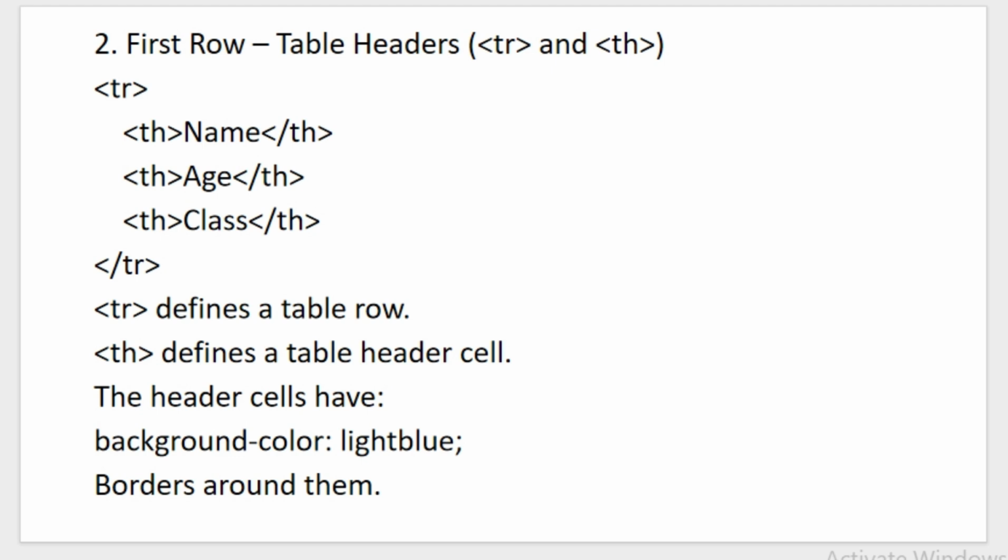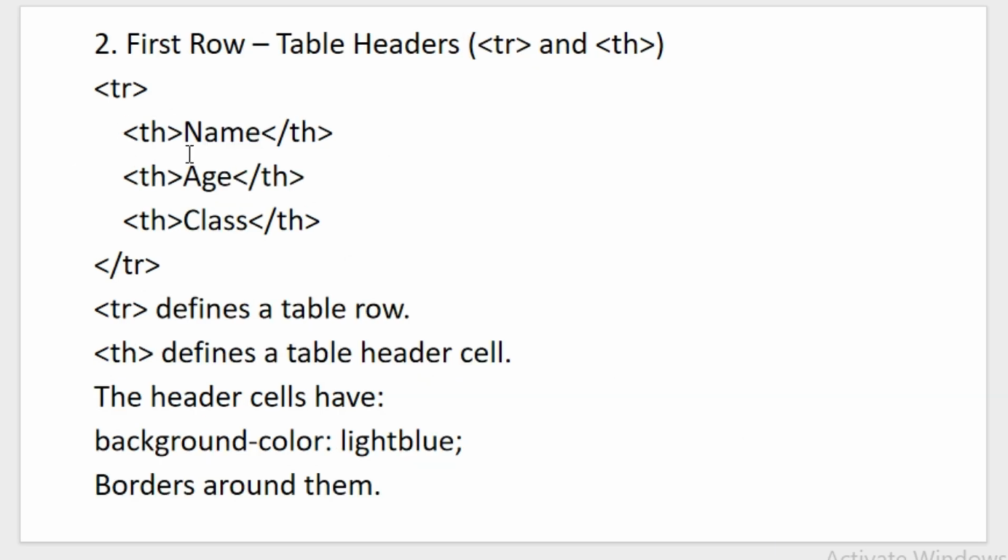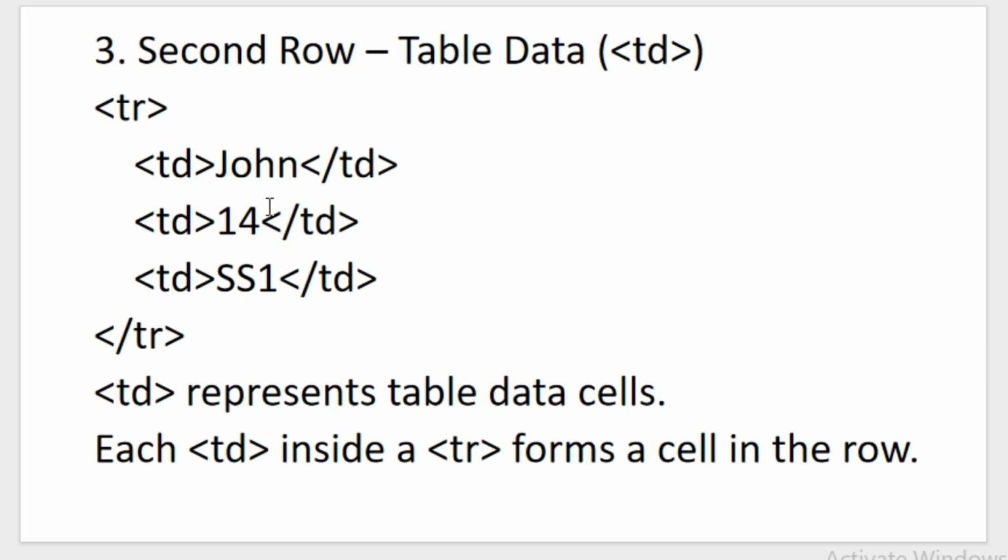Then for the second row, a table data, that is where inside the cell, for example, the name here will now have John on the second row, but under the column name.